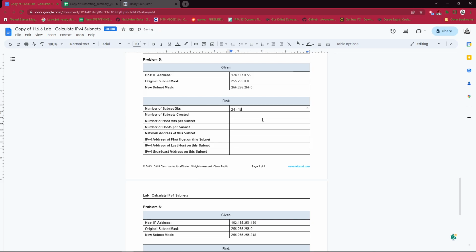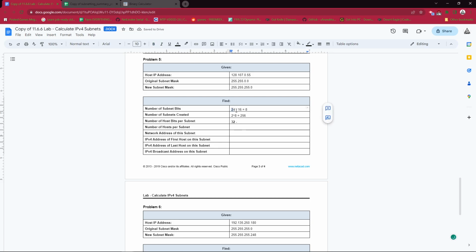So 24 minus 16 equals 8. For the number of subnets created, it's just 2 to the power of this one. So 2 to the power of 8, and we will get 256.